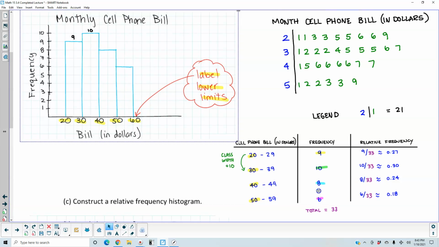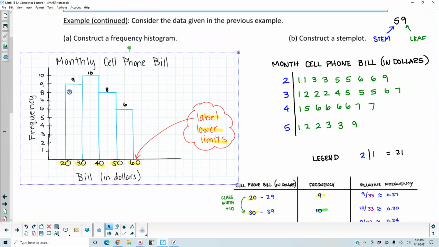Between 40 and 49, this goes up to 8. And between 50 and 59, this goes up to 6. So therefore, there is our histogram for the frequency. We constructed a frequency histogram for part A.